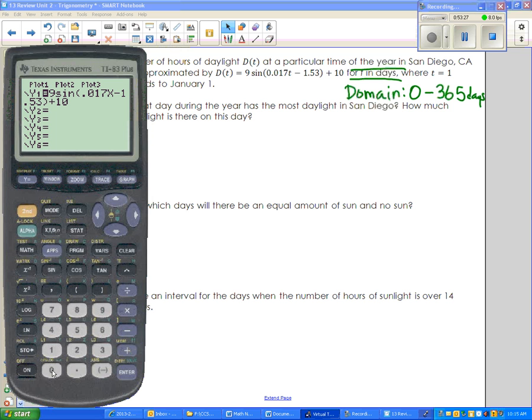Okay, so this time we set our window, we need to make x go from 0 to 365. If you don't change your window settings, then you're not going to see a curve. Sometimes you're just going to see a straight line. So you do need to make sure you change your window settings. In terms of my y max, well, if you think about it, how many hours are there in a day? There's only 24 hours, so the most daylight there could possibly be is 24. And so if I make that my y max, this is the graph I should see.